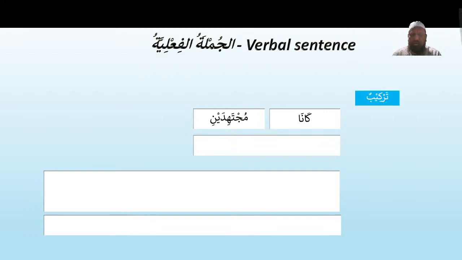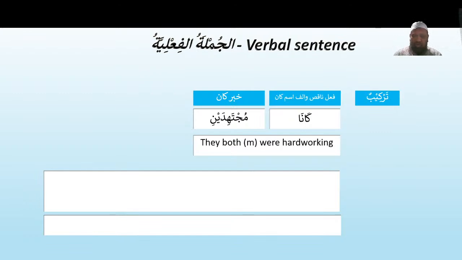Translation or the تركيب: كان فعل ناقص والألف اسم كان. Or you can say just ألف اسم كان. مجتهدين خبر كان. The translation: both men were hardworking.